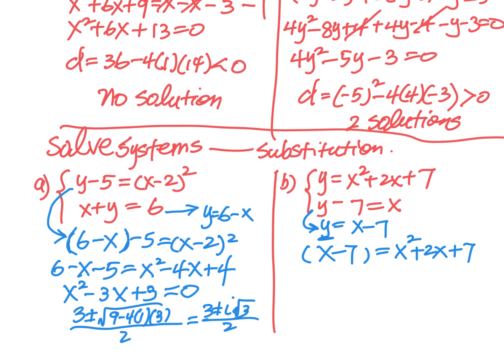Then you expand them, and just move it all to one side. So x squared minus, subtract x becomes 1x plus 14.